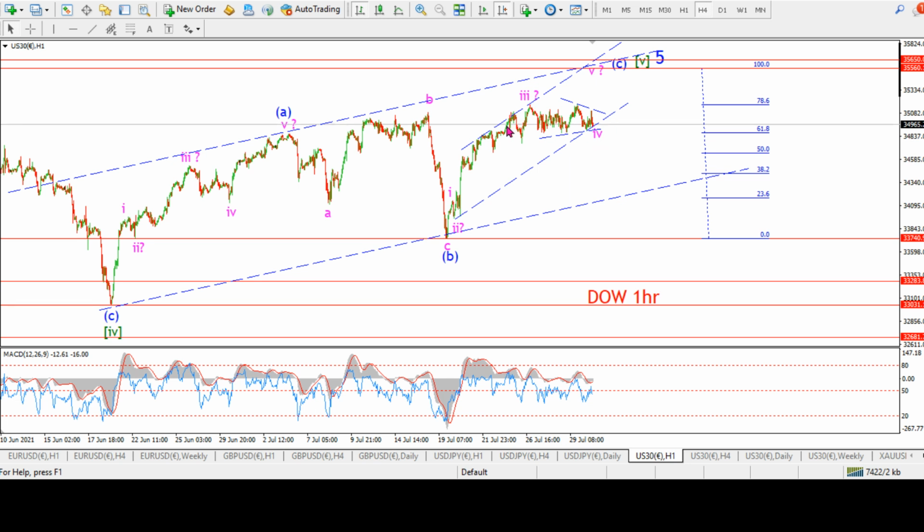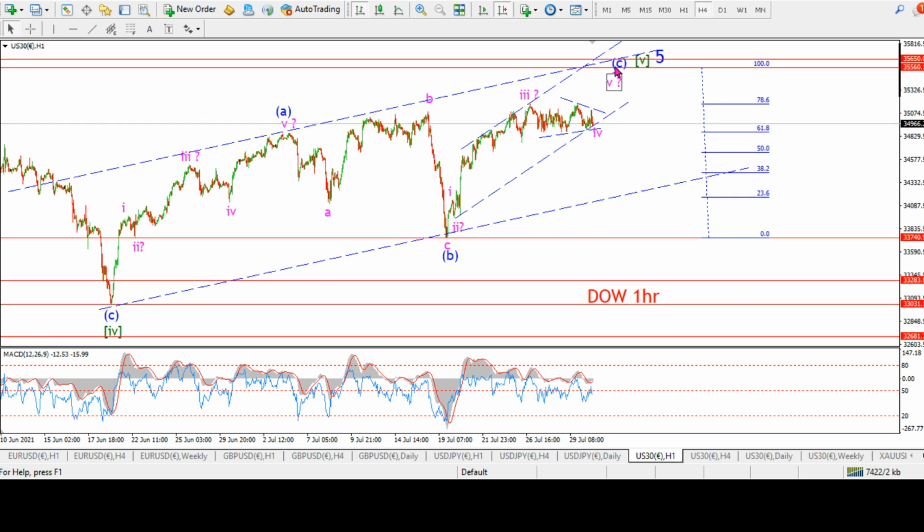We seem to have some sort of triangle, I think, still extending today in wave 4, and that would suggest a rally in wave 5 to begin, later on today or on Monday, to complete 5 waves up.